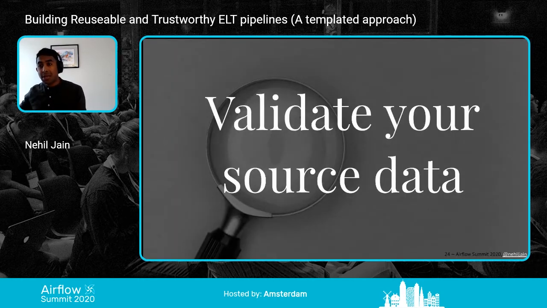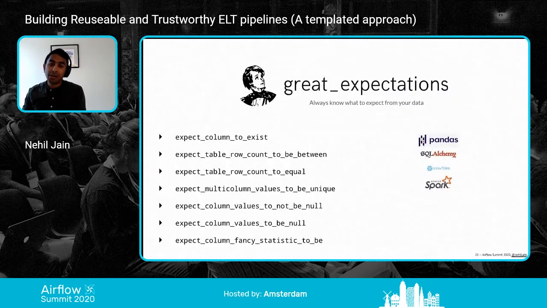Now let's look at each step of the ELT pipeline that I outlined early on. So validate your source data, which is the GitHub API in our case. I would like to propose this package, which has been gaining a lot of traction in this space. Great Expectations is the Python library, which helps you write declarative assertions on your data.